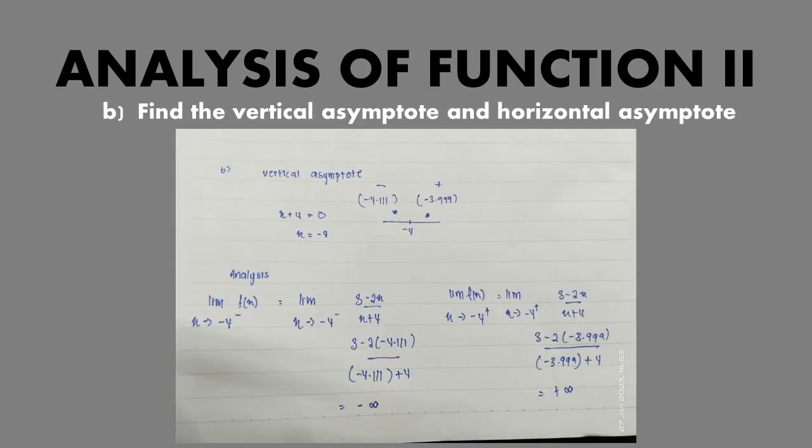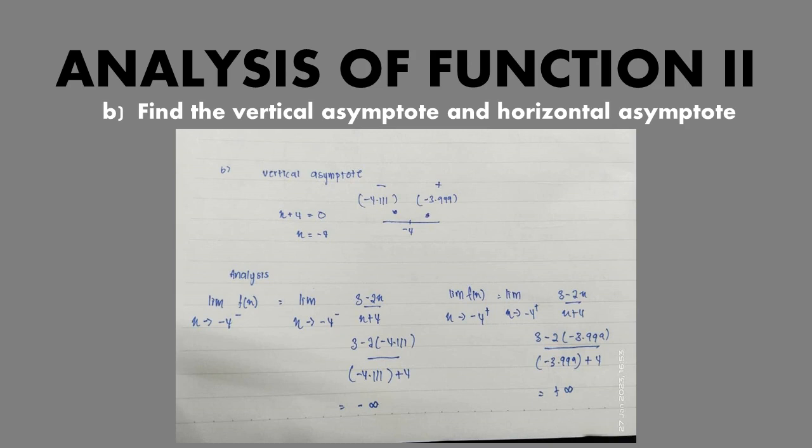The next question is to find the vertical asymptote and horizontal asymptote. Firstly, for the vertical asymptote, the denominator must be equal to 0, and then you get x = −4.